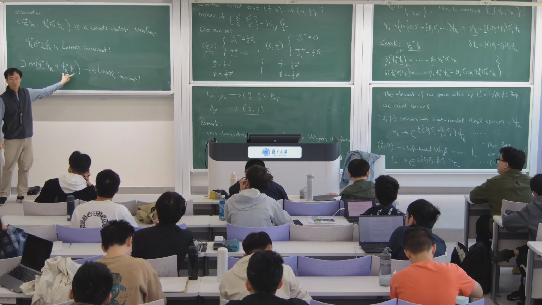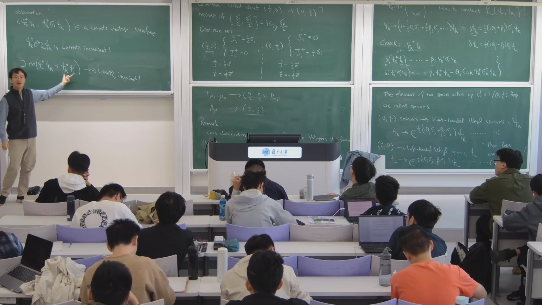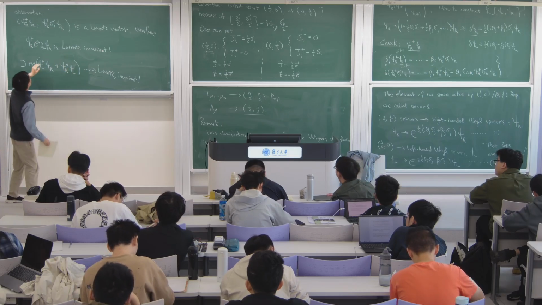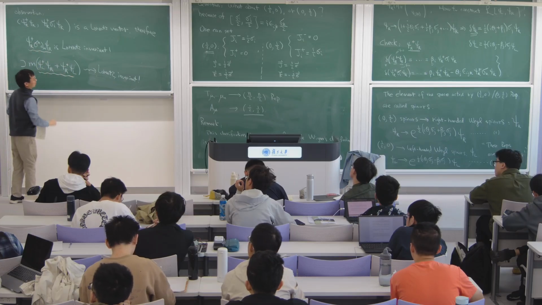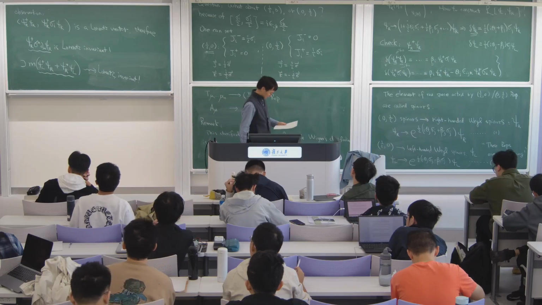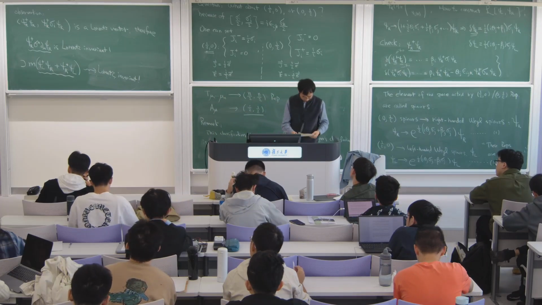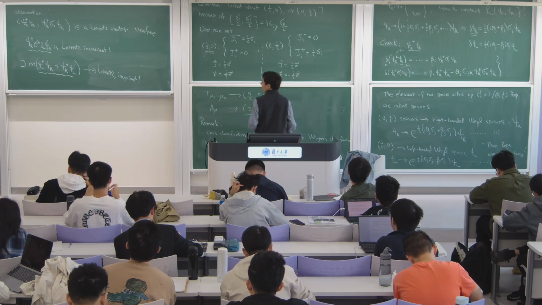These are separate Lorentz invariants. So we found this kind of structure, and this is also Lorentz invariant. So we can try to write down the complete Lagrangian, something like this.